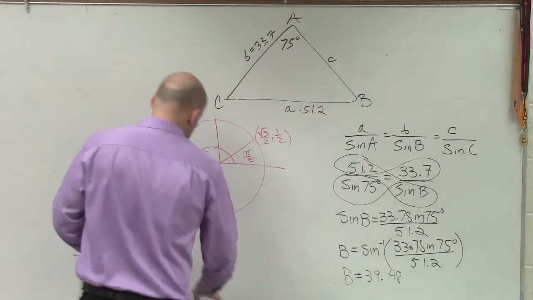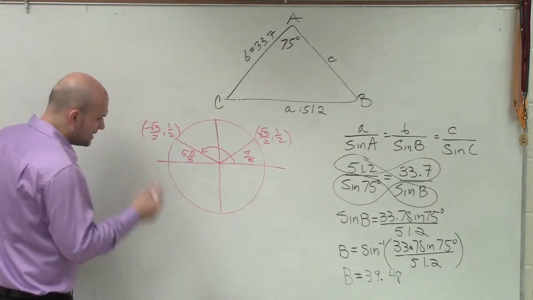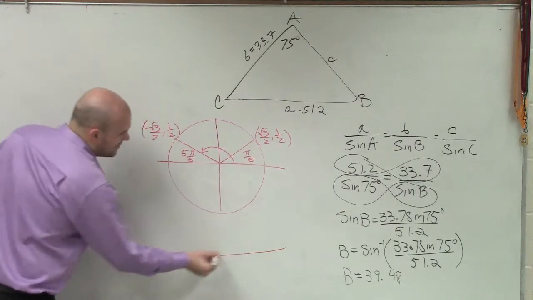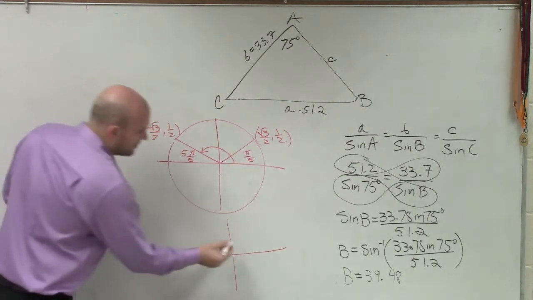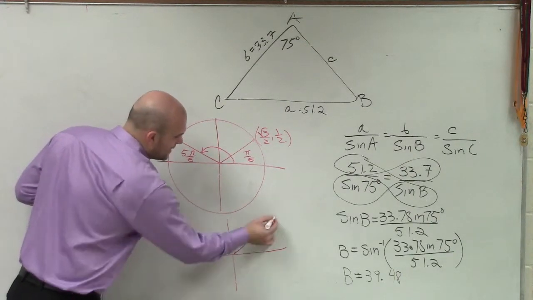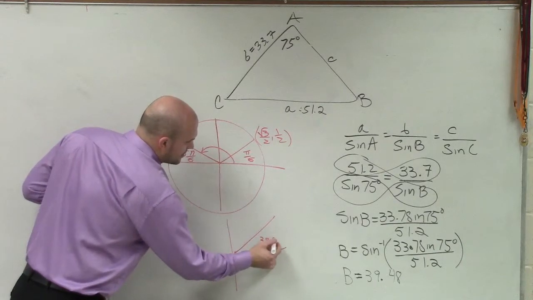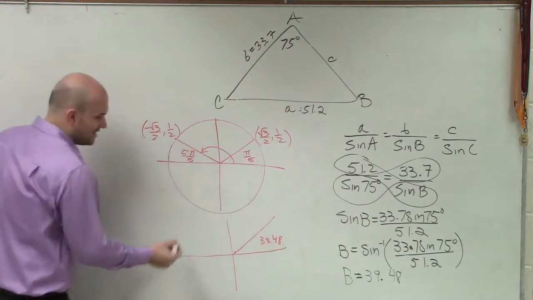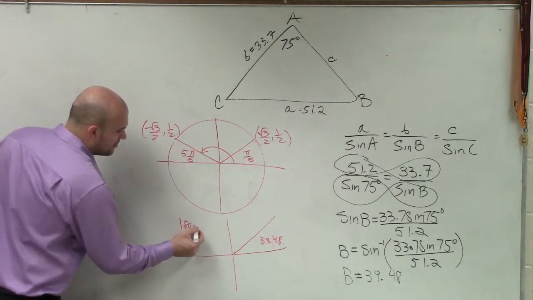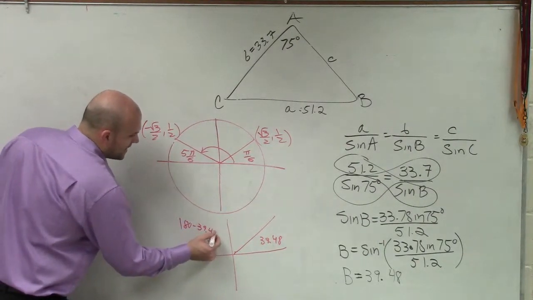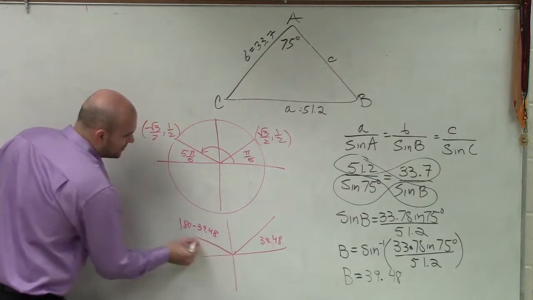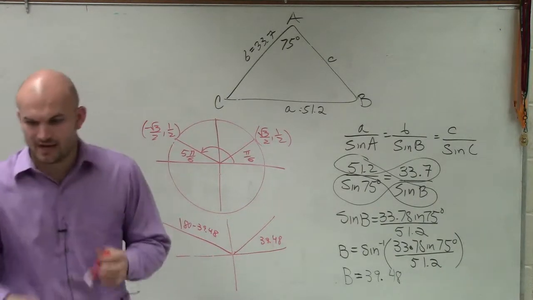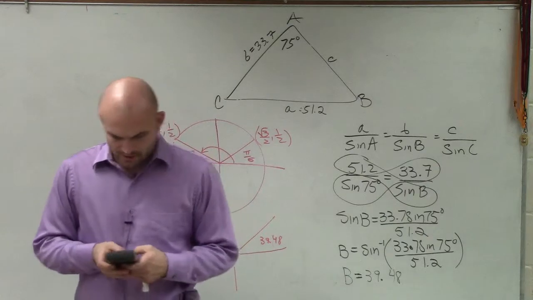So what I want to bring to your attention is that if you have an angle, and our angle is 39.48, if I did 180 minus 39.48, that's going to be an angle right over here. So let's figure that out. I don't want to do the math in my head.